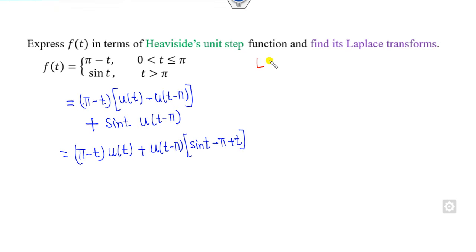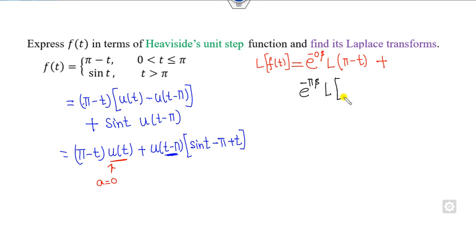Now I can find the Laplace of this function. So what is that? A is 0 in this case, so e raised to power minus 0s, Laplace of pi minus t, plus for this case a will be pi, so e raised to power minus pi s.